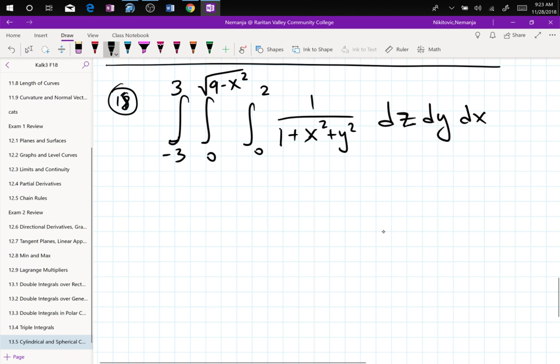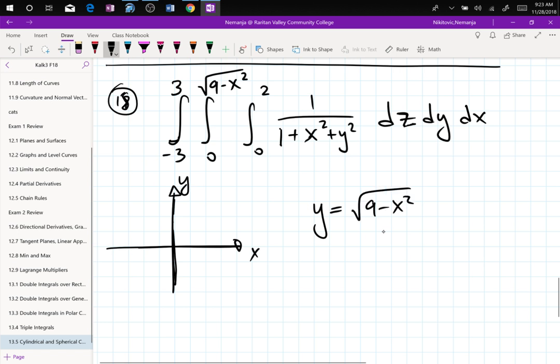So what is my domain? What I see here is, well, I draw xy first. And what I see is a function which says y is equal to the square root of 9 minus x squared. What is that? That's a circle with a radius of 3.